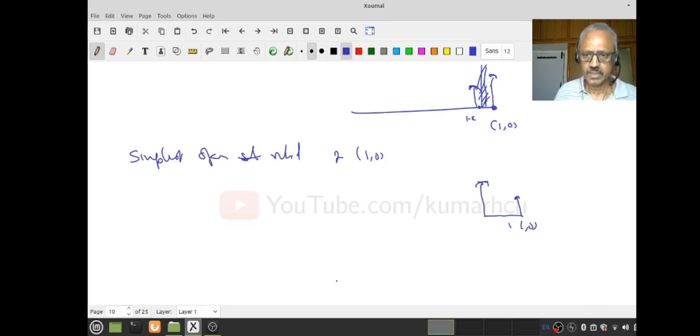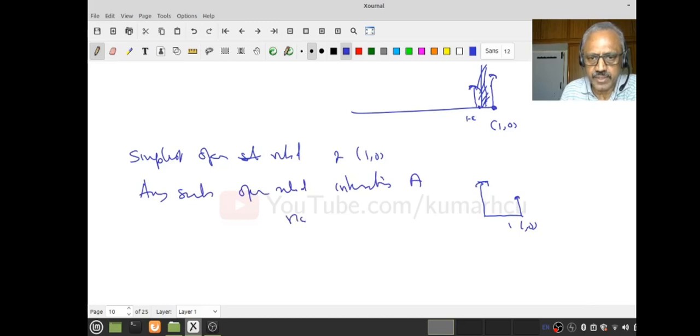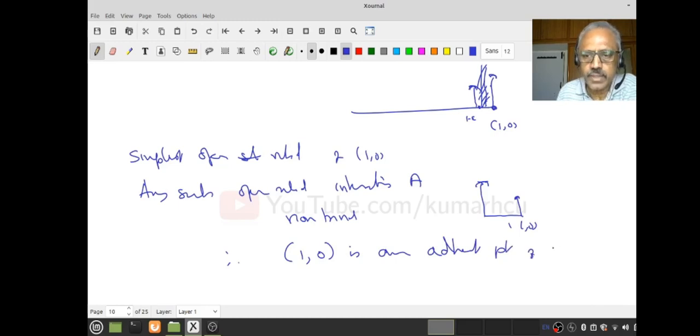Naturally, any such open neighborhood intersects A non-trivially. Therefore (1,0) is an adherent point of A.